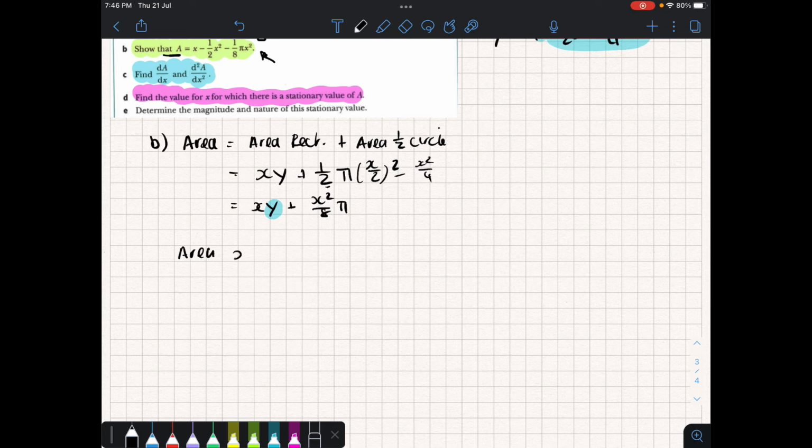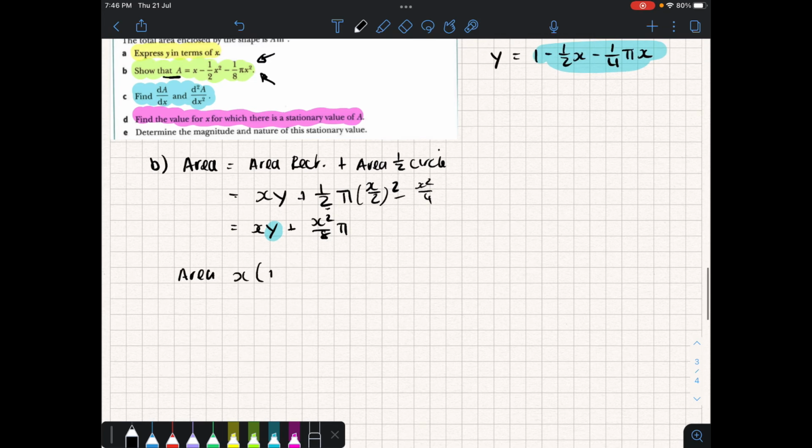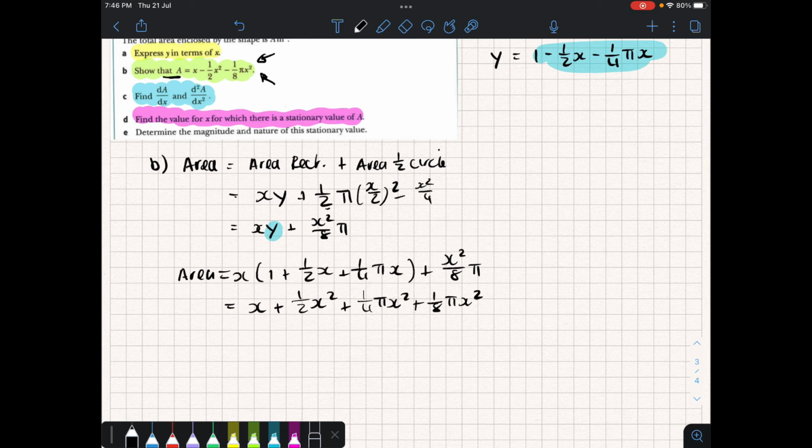So we're taking x and multiplying it into 1 plus 1/2 x plus 1/4 pi x, and then plus this x squared over 8 pi. So multiplying the x in, I get x plus 1/2 x squared plus 1/4 pi x squared plus 1/8 pi x squared.